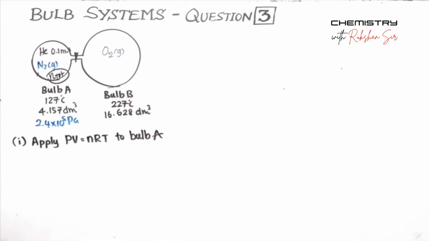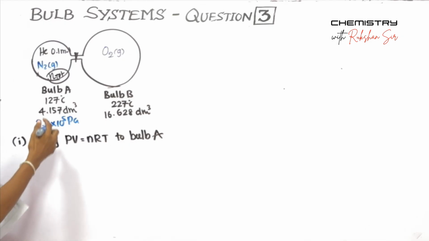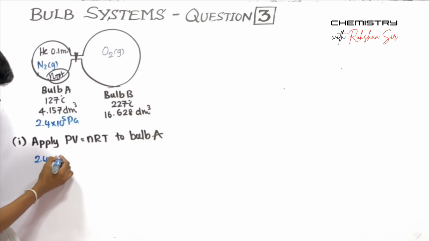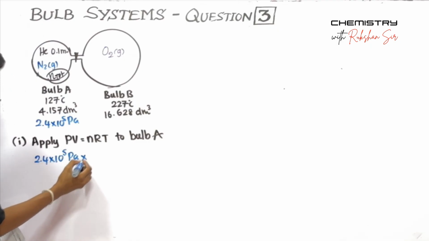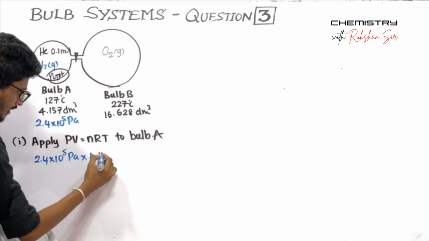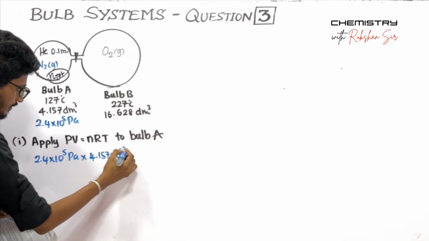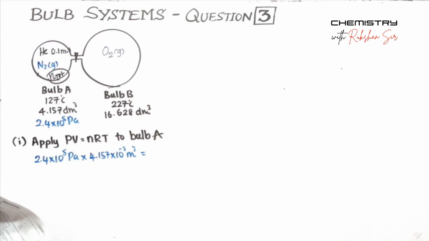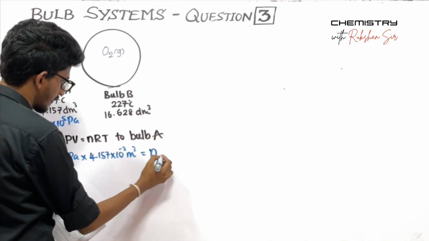Right? So the P value is given as 2.4 into the power 5 pascals. V is given as 4.157 into the power minus 3 meter cubed, right? n, that is what we need to find.